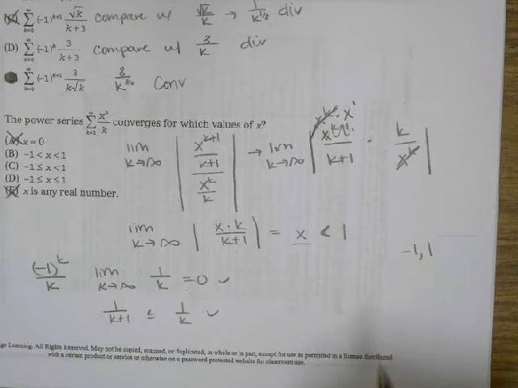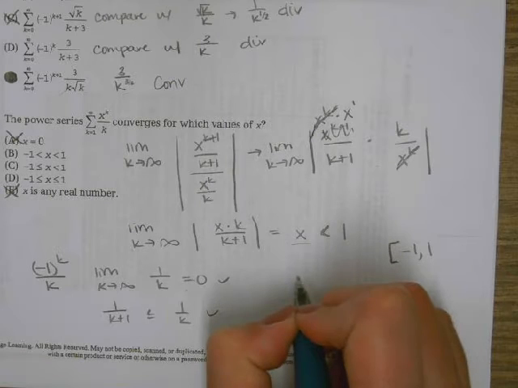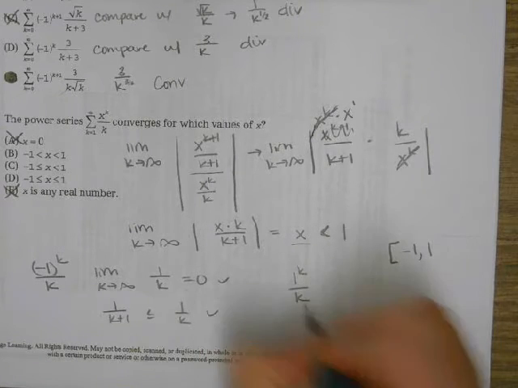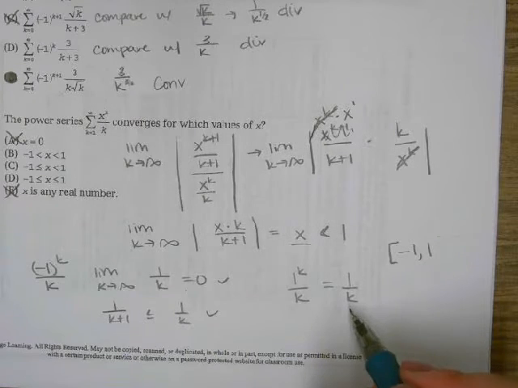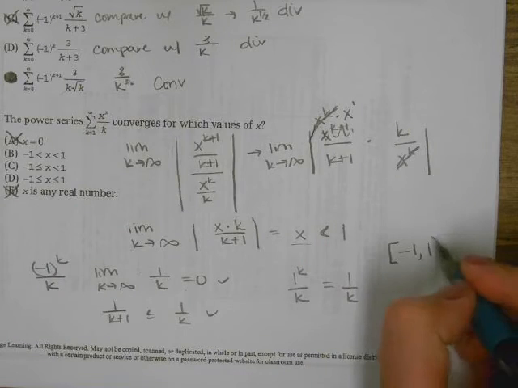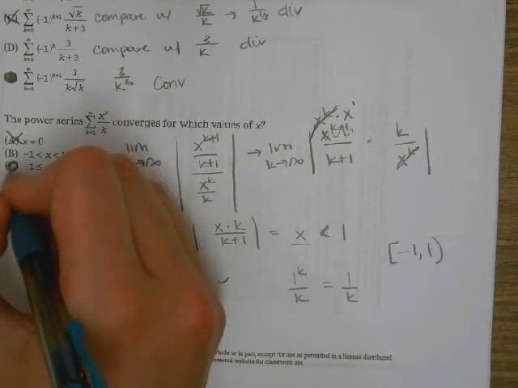So -1 works. And then I checked +1, so 1 to the K over K is just 1 over K, and that's a P series where the P value is 1 and that diverges. And so that told me that the answer was C.